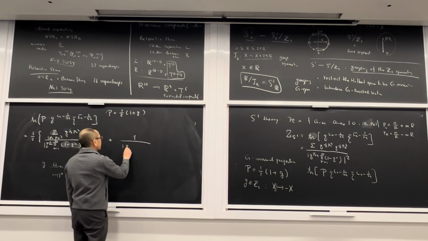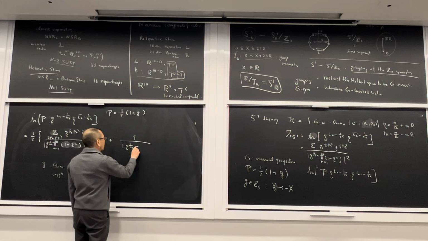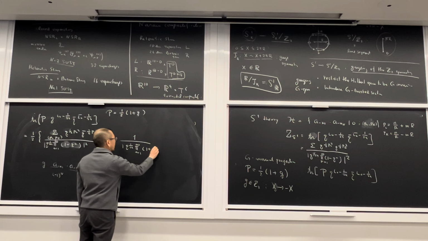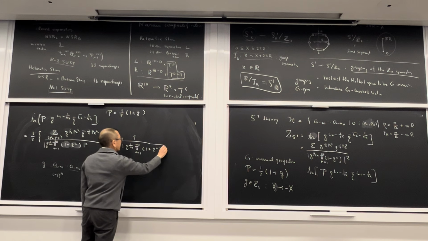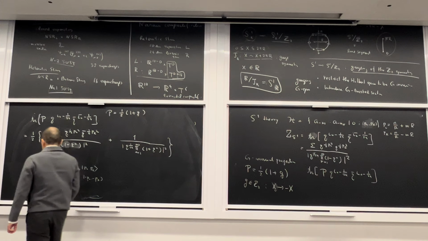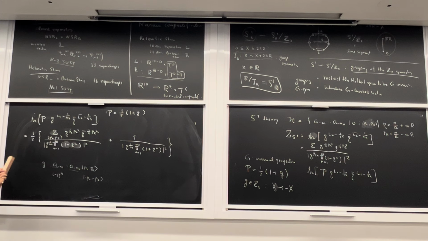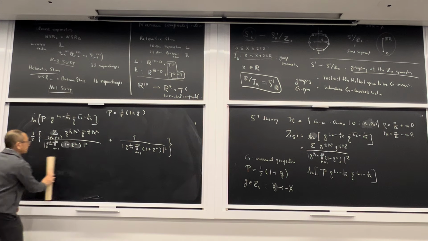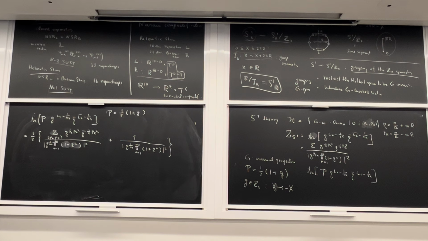Therefore you get 1 over the product, n equal 1 to infinity, of 1 plus Q to the n, absolute value squared, to the 24th power. So this will be the answer for insertion of the projection operator.